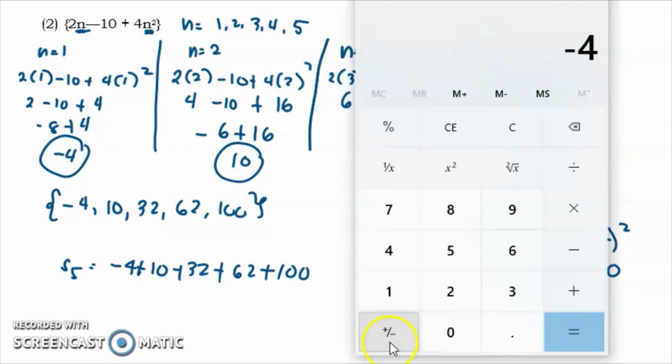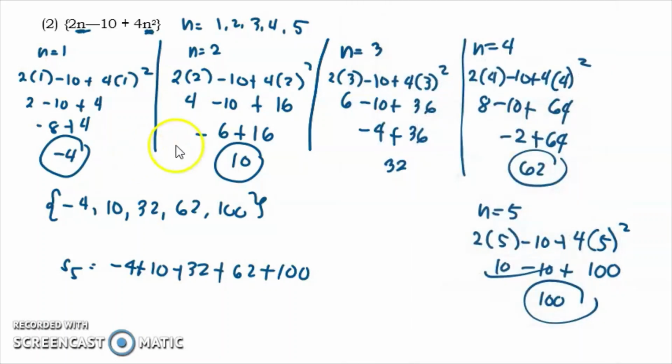Negative 4 plus 10 plus 32 plus 62 plus 100. And that's 200. Okay, so total nung first 5 terms mo is 200.